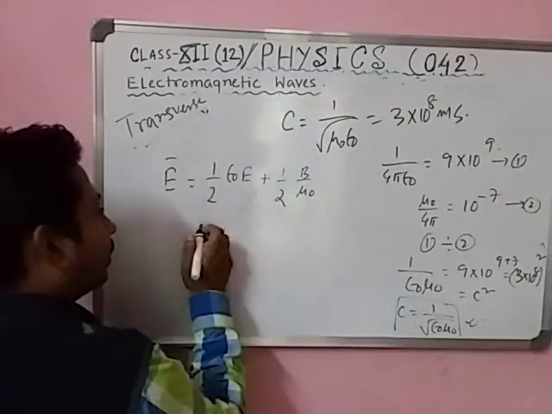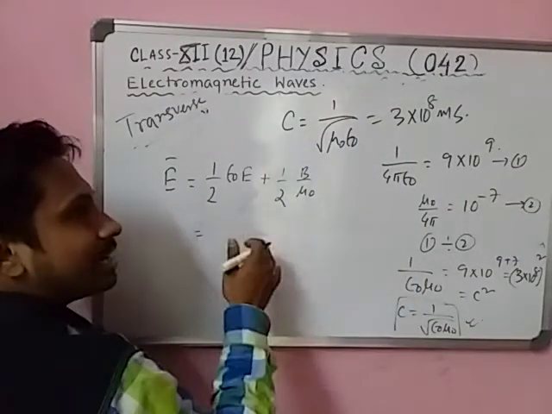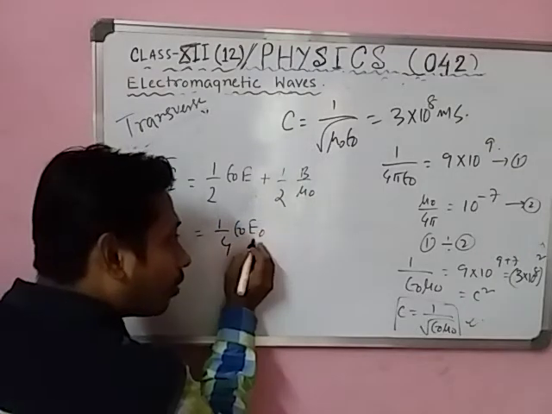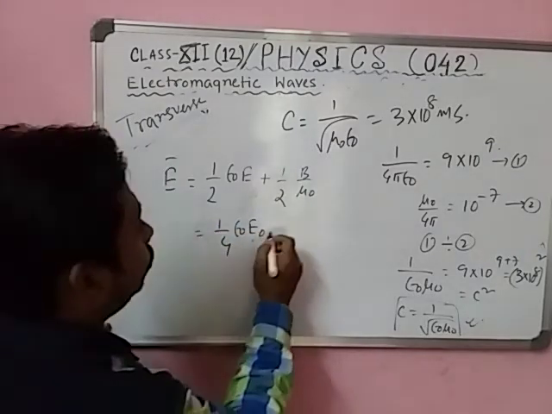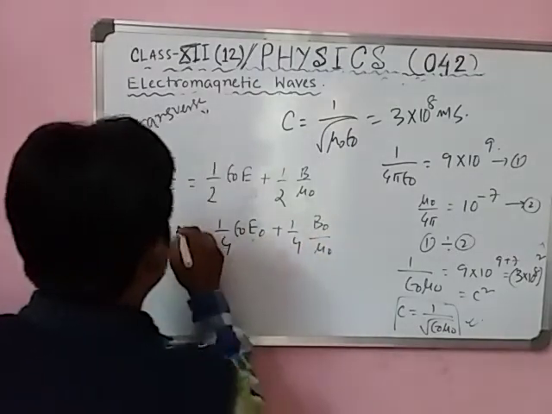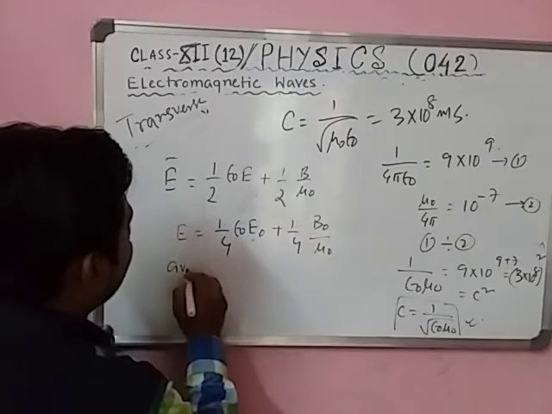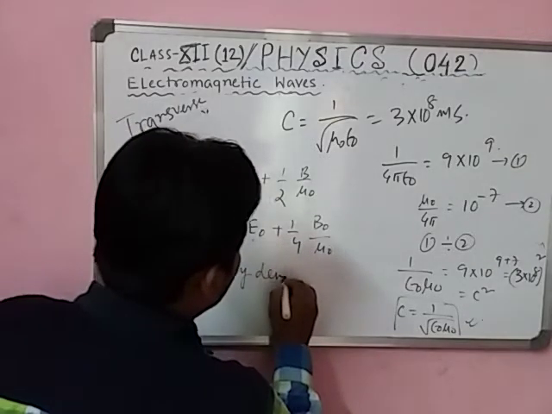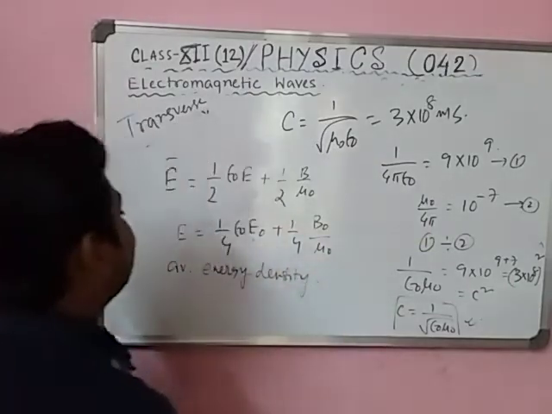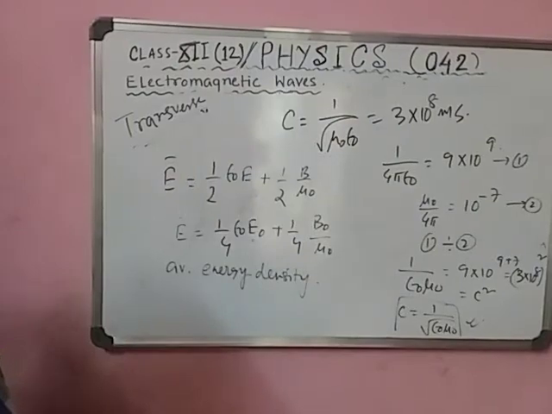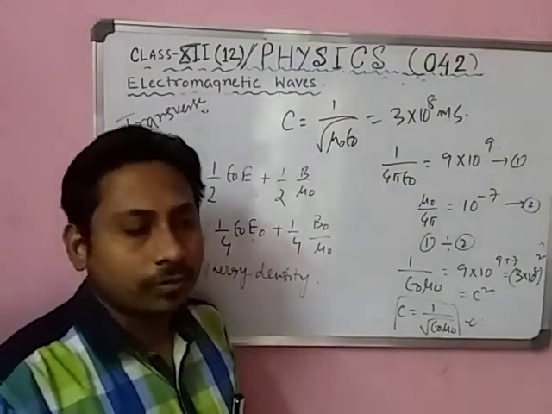If you put the peak value, then you have to multiply by half. So 1 by 4 epsilon 0 E0 square, where E0 means the amplitude, plus 1 by 4 B0 square by mu naught. This is the average energy density. So these are the properties of EM waves.